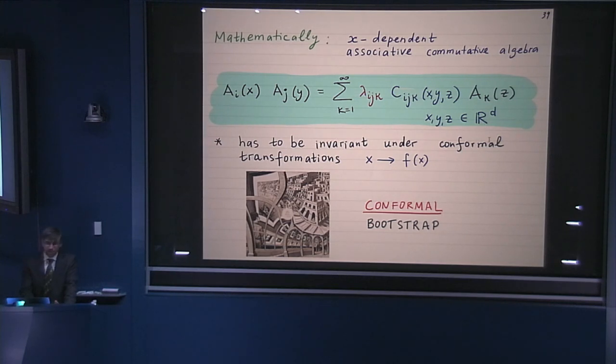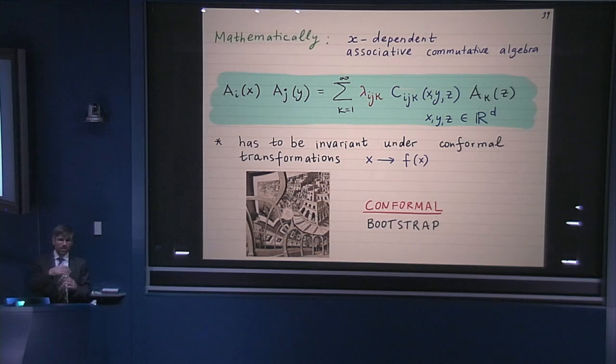And you might think that these algebras are not particularly constraining, but what makes them constraining is that this equation has to be invariant under conformal transformations. I already mentioned conformal invariance before very briefly, and I will just say that if you have ever seen Escher drawings, where everything is deformed, but it's deformed in a way that all angles remain the same.